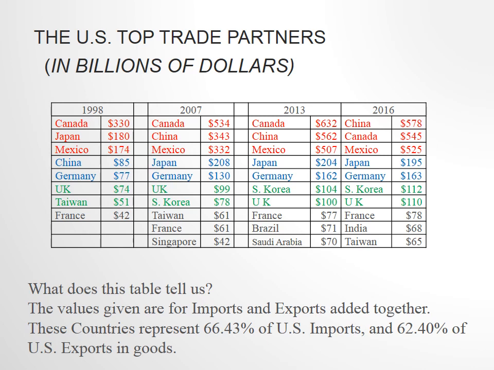Understand that these 10 countries represent 66% or 2/3 of the U.S. imports, and 62% of all U.S. exports in goods. It shows us that the top trade partners for the U.S. tend to remain constant over the years, and that these particular countries constitute a huge amount of our foreign markets.